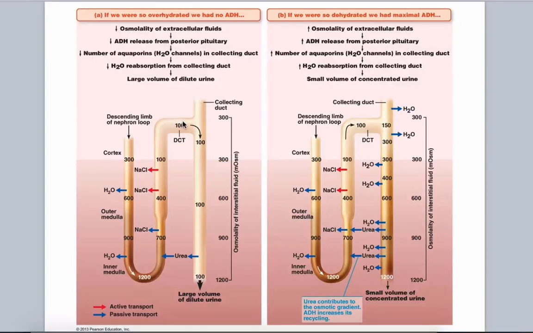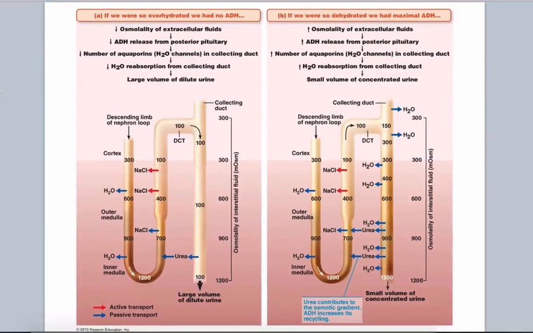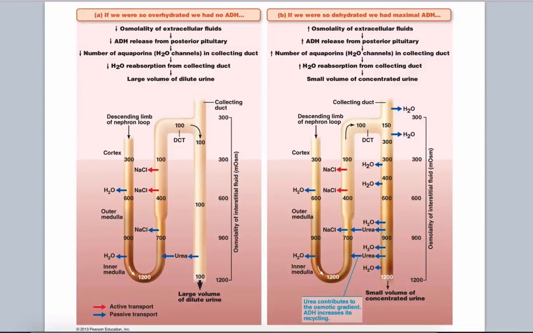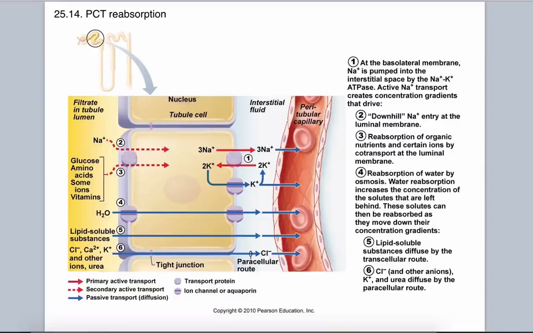that's going to cause antidiuretic hormone to get shut off, right? When you shut off antidiuretic hormone, that prevents the emplacement of the aquaporins in the cell membrane. Remember, aquaporins are the ones that allow water to move down its concentration gradient.